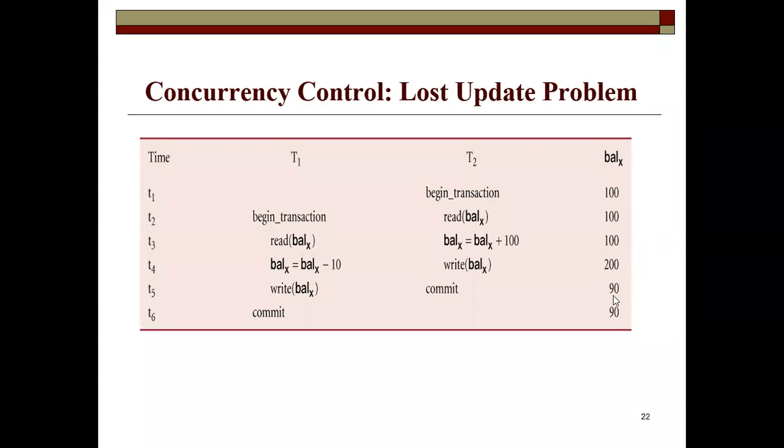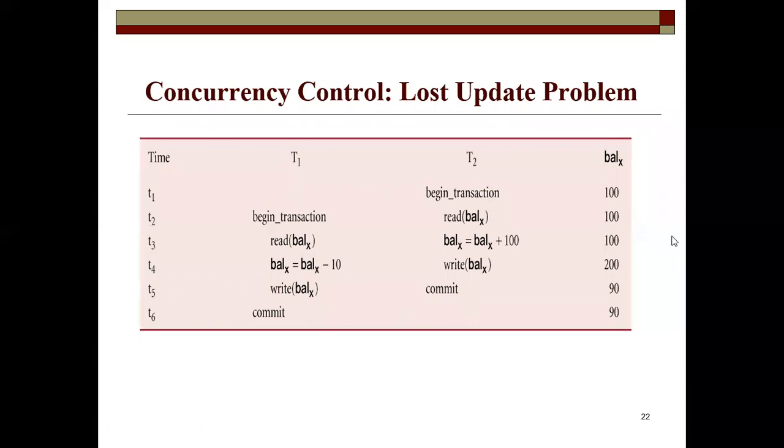And so we overwrite the 200 that should be there with a 90. T1 is satisfied having completed all its operations and makes it permanent. So rather than the 190 we expect, we have an update of only 90.